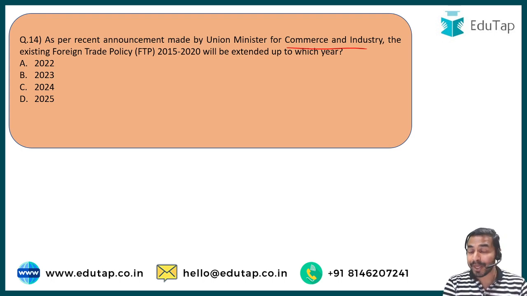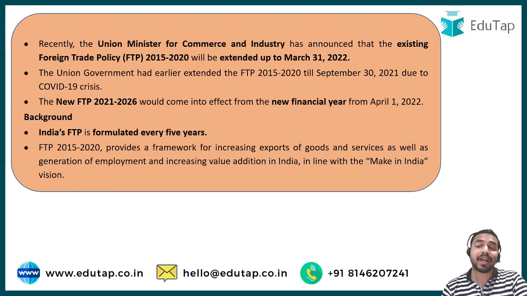Whether it will be extended by 2022 or by 2023, 2024 or 2025. Please answer the question in the comment section below. And the right answer to this question is option A, that is 2022. So recently, as per the announcement, the existing foreign trade policy 2015 to 2020 will be extended up to March 31, 2022.